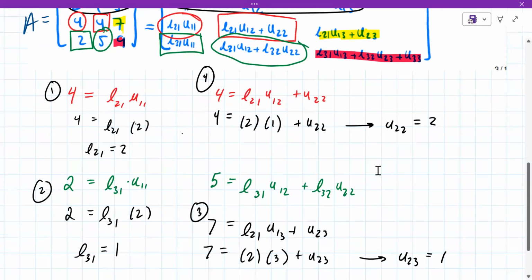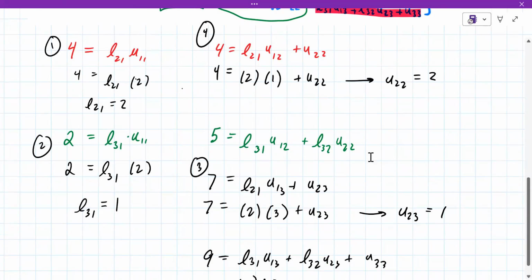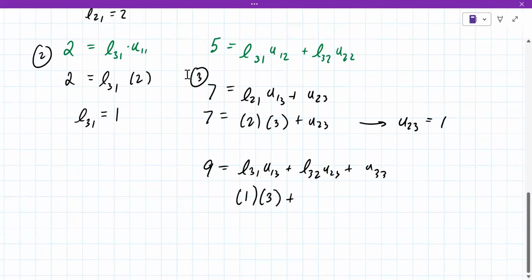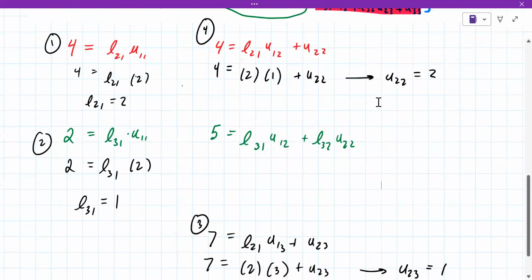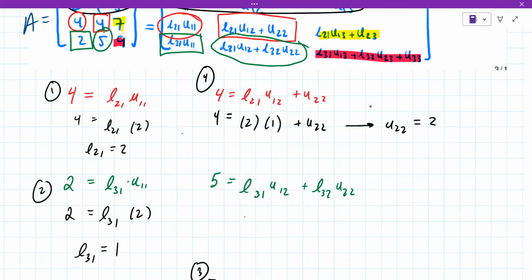And that helps us with this next one, 3, 1, 1, 2. So we should have gone down here next to the green one. L31 is 1, U12 is 1, L32 we don't know, but we know that U22 is 2.